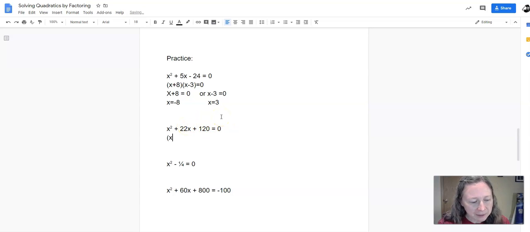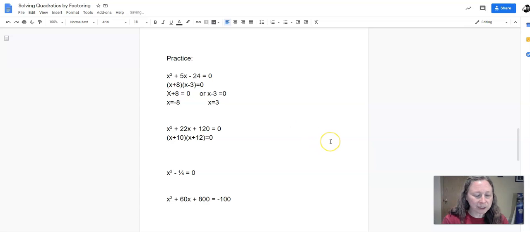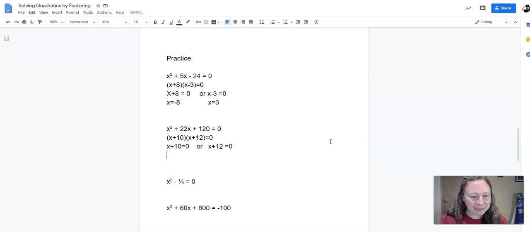So x plus 10 times x plus 12 is equal to 0. We've got two equations to solve now. X plus 10 could equal 0, or x plus 12 could equal 0. And in the first equation, x must be -10. And in the second equation, x must be -12.